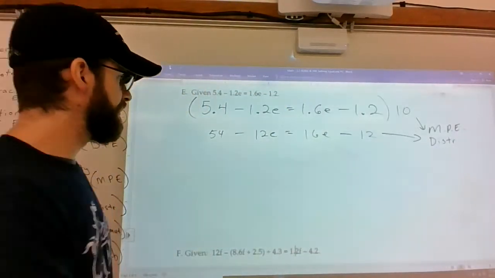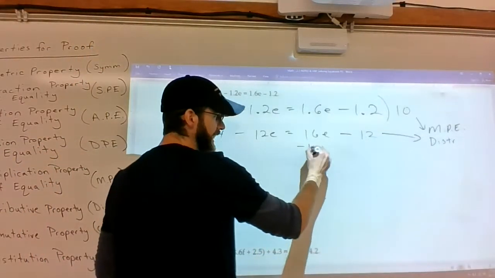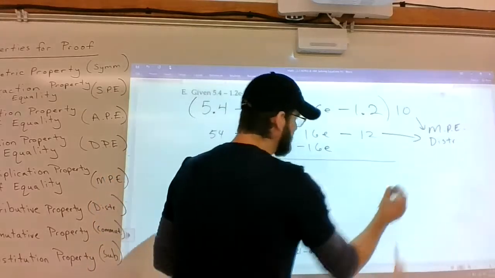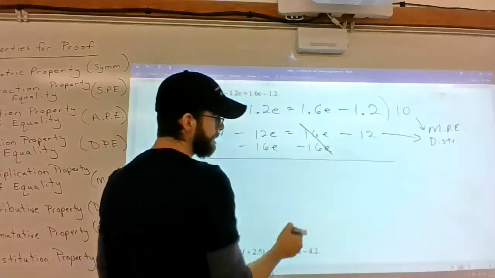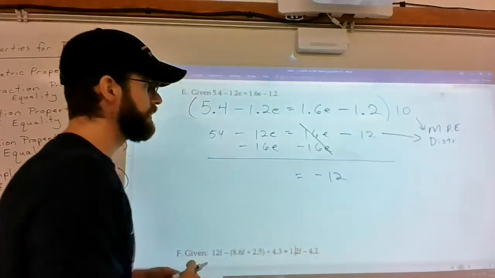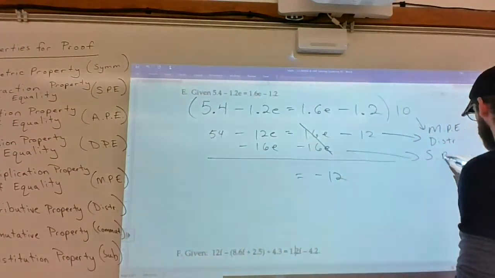Now you should have, well, you didn't have to do it exactly like this, but you can subtract the 16e from the left and from the right just to get the e's on the left. So that's 0 minus 12. That's just going to be minus 12. Don't forget to document that that was subtraction property of equality.